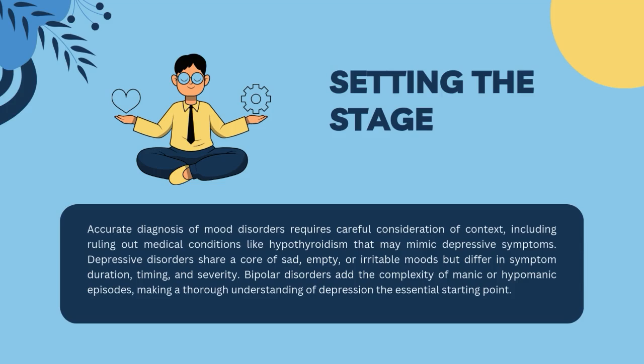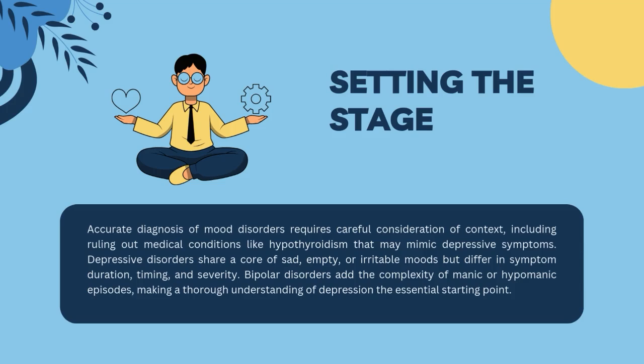In all depressive disorders, the common thread is a sad, empty, or irritable mood, along with clinically significant symptoms. What differentiates these disorders are factors like the duration of symptoms, their timing, the presumed cause, and the number of symptoms required for diagnosis. For instance, persistent depressive disorder has a much lower symptom threshold than major depressive disorder, but it happens chronically over a longer period of time.